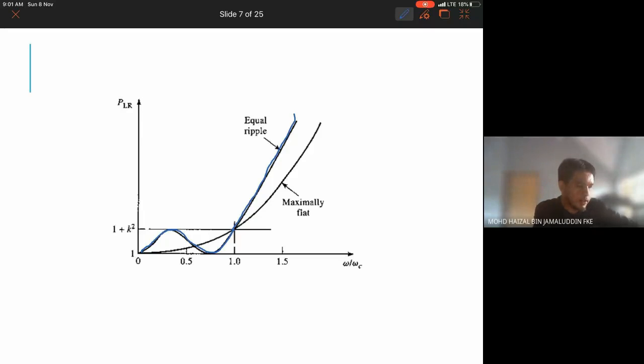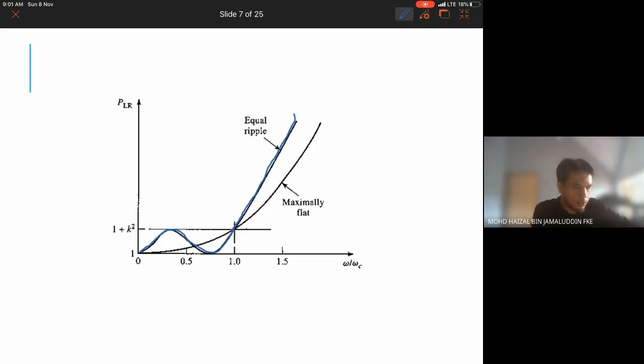The maximally flat has a good passband amplitude. However, the cutoff frequency is slightly less sharp compared to the equal ripple.